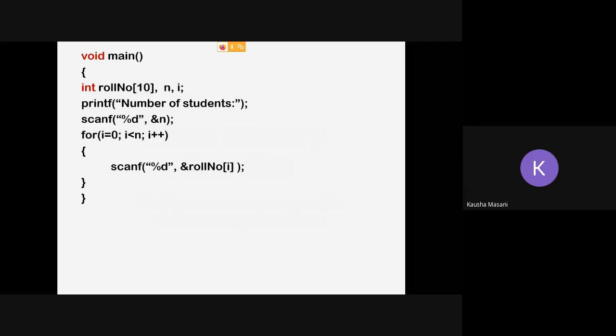Suppose this is my program. The program is about getting the number of students from the user, or you can say roll numbers. Here integer roll number 10 is one of my arrays. All right, n and i are also my two other variables.